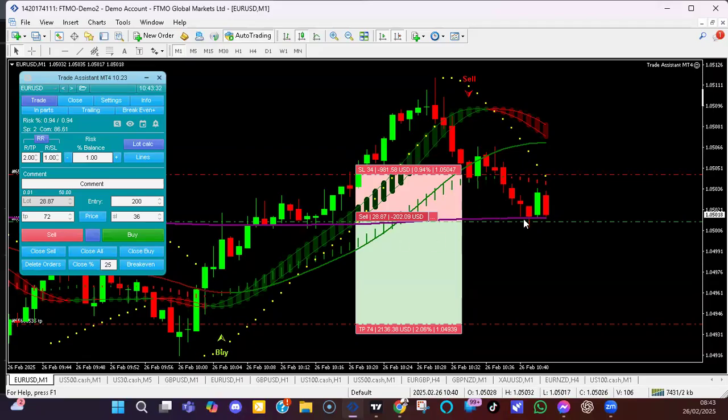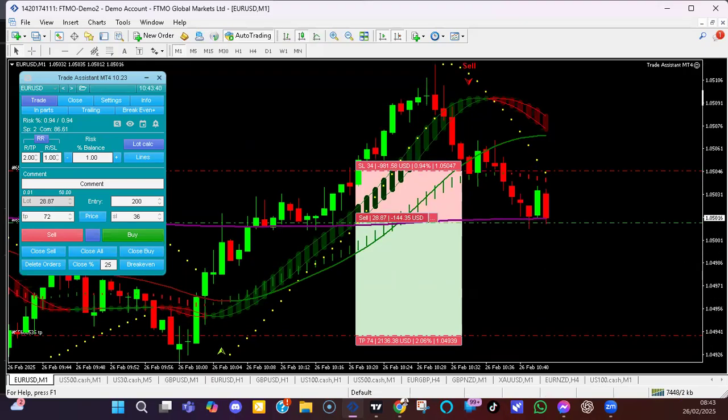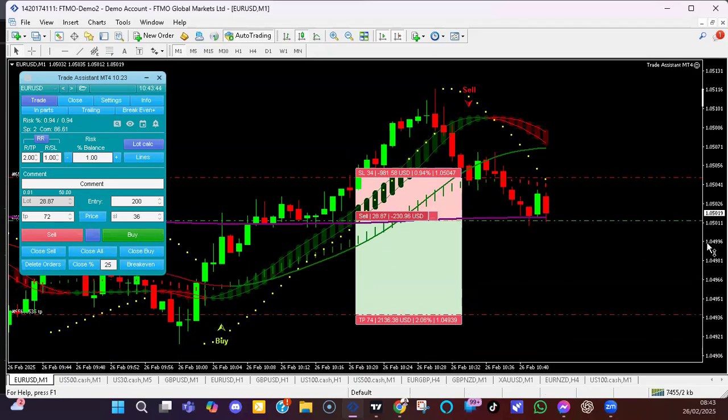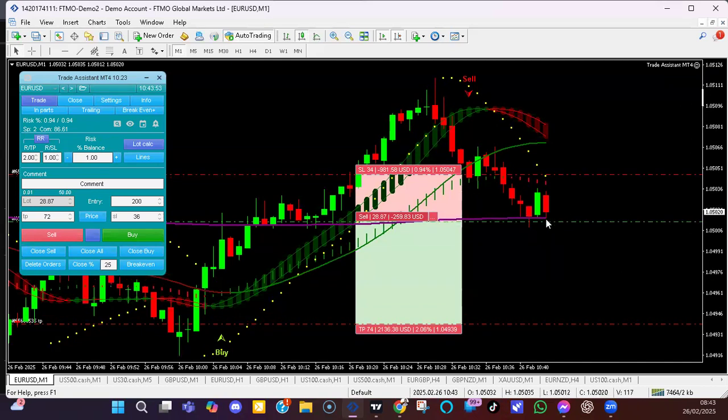And indeed, we have broken this purple line, because I'm not convinced we have broken it yet. Trend line hasn't turned red as of yet, but one can imagine if price gets down to even here, the trend line will certainly go red. It's ready to go red at any second.